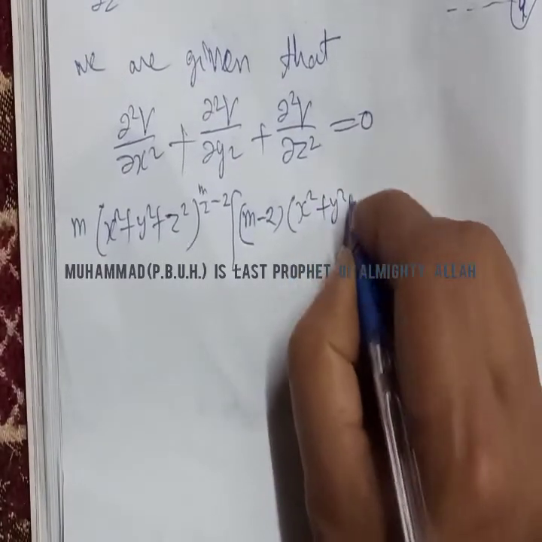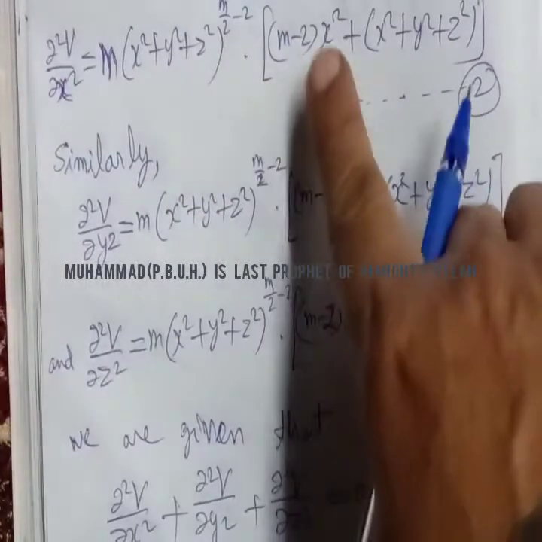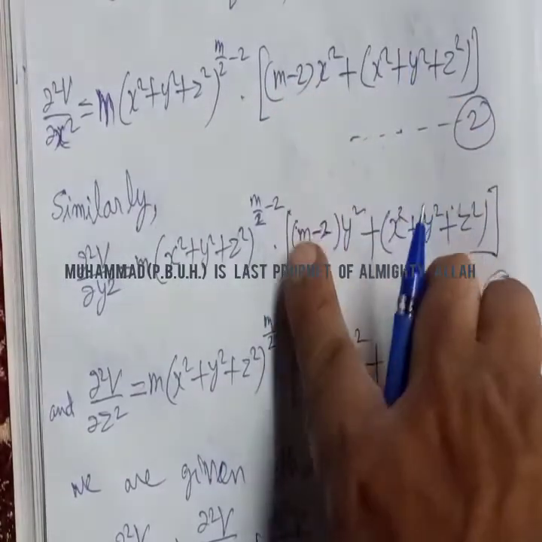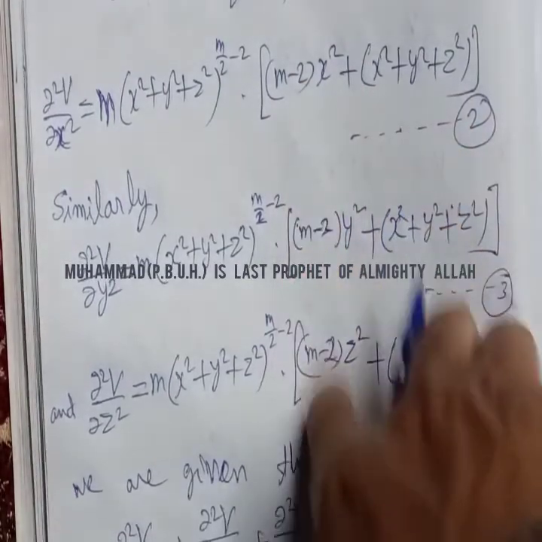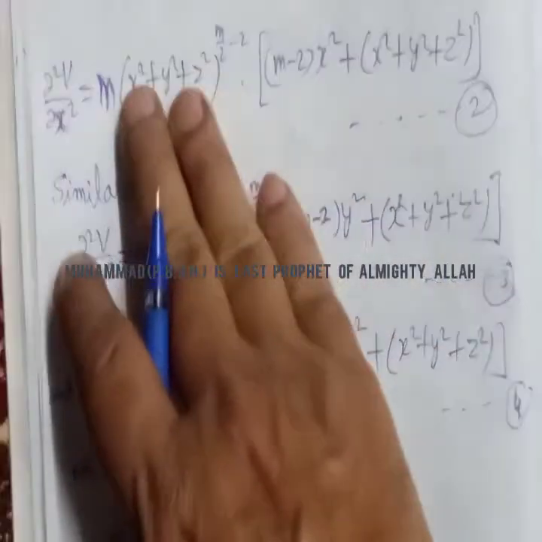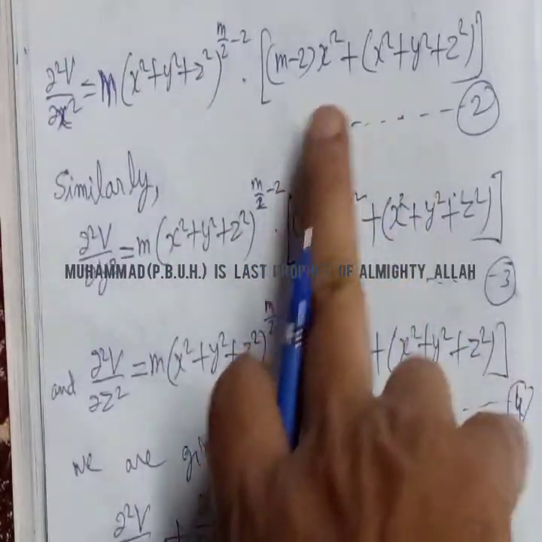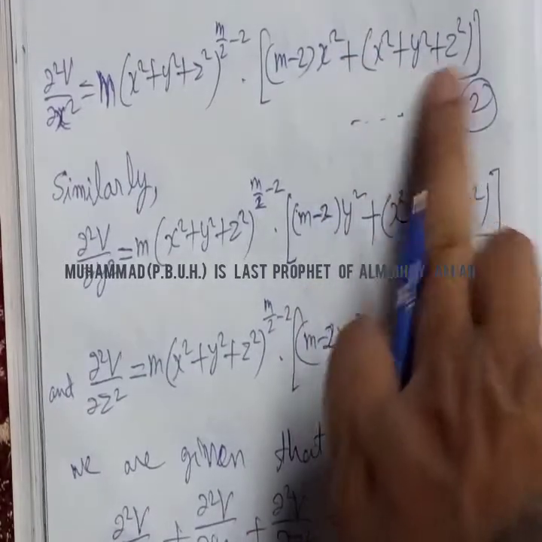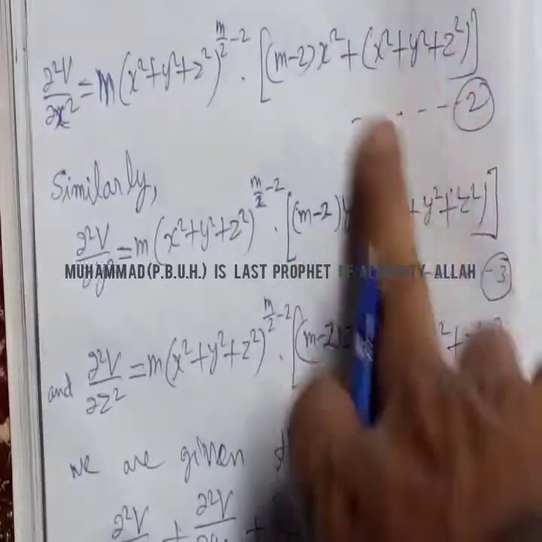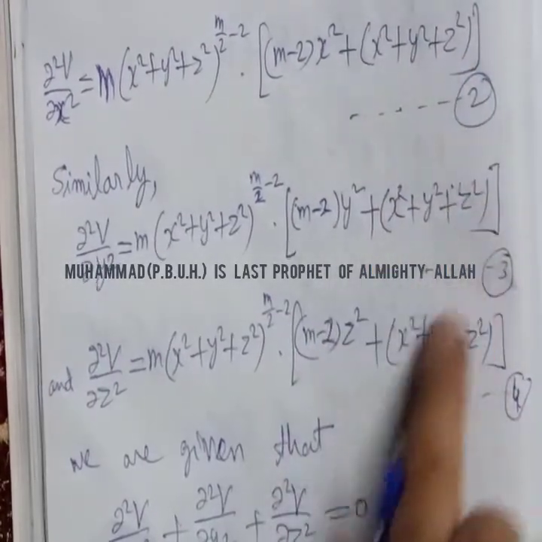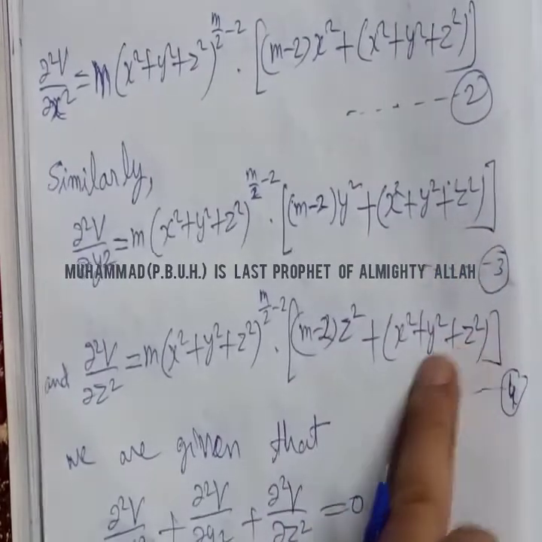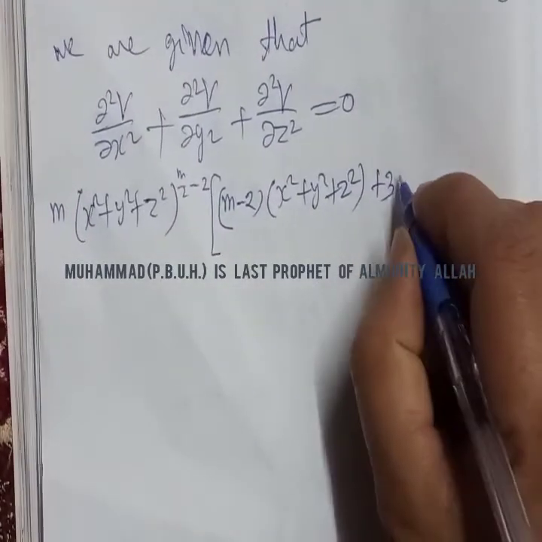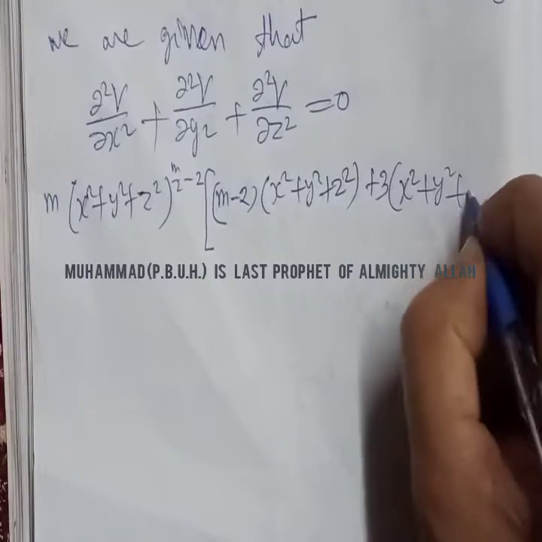x² plus y² plus z², on taking m minus 2 common out from these terms, because on taking common out this we have to add these terms, so we add these terms and take out m minus 2 as common, and after it these terms which are like terms, we consider one quantity which is equal in 3 terms, 1 times, so this becomes 3 times, so I write it 3 times (x²+y²+z²).